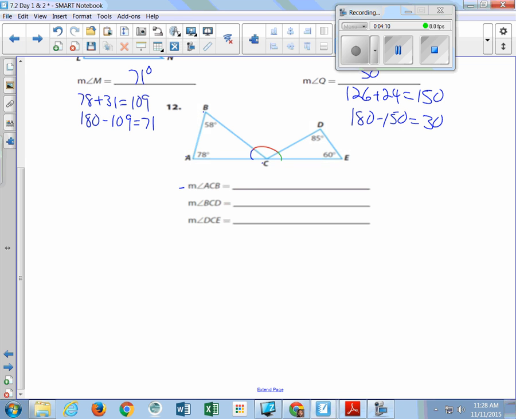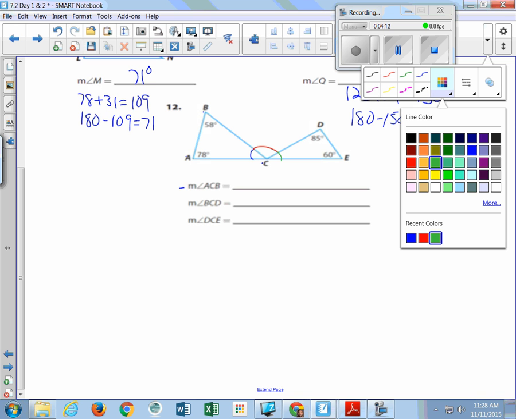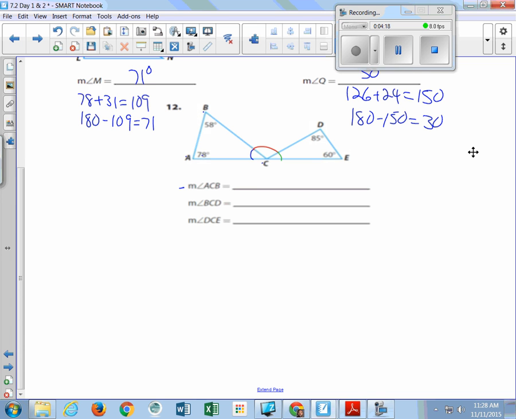So we have three different angles that we need to find. Let's go back to blue. We need to find this blue one. To do that, I'm going to add the two interior angles together and subtract from 180. 78 plus 58 equals 136. Subtract that from 180 and get 44.